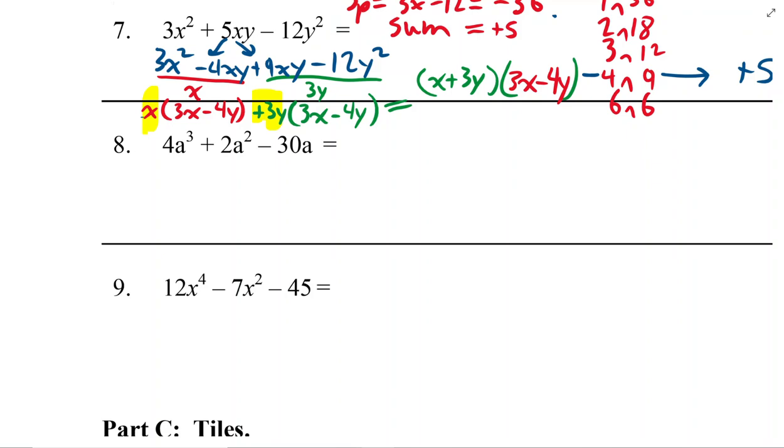Next one here, is there a GCF? Can you take out a GCF? Yeah, absolutely, right? They're all even numbers and they all have the letter A. So the GCF is? Okay. So write it up front. Do your division. Remainder in the brackets. Go.